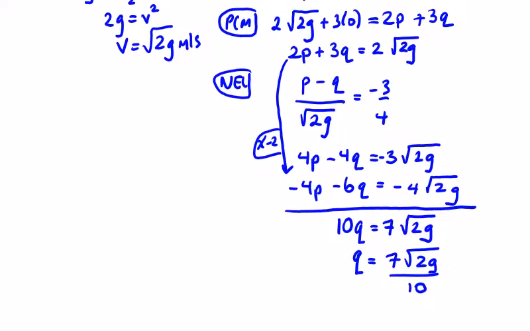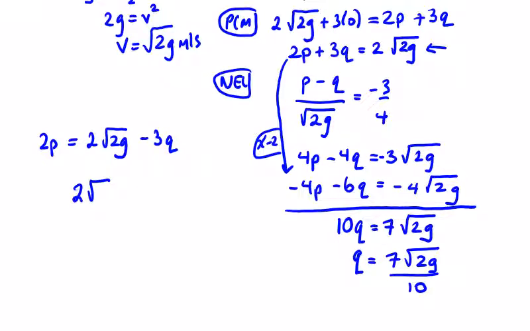That'll be an easy equation for p. We have 2p is equal to 2 by the square root of 2g from this one here, and then that would be minus 3q. So 2 by the square root of 2g minus 3 times this. So just multiply the 3 by the 7. So you get 21 by the square root of 2g over 10.